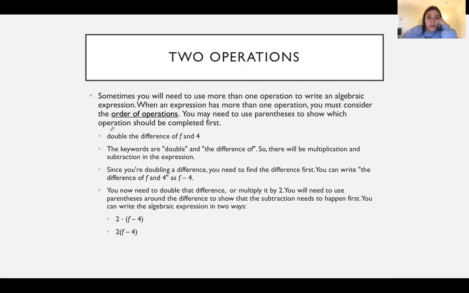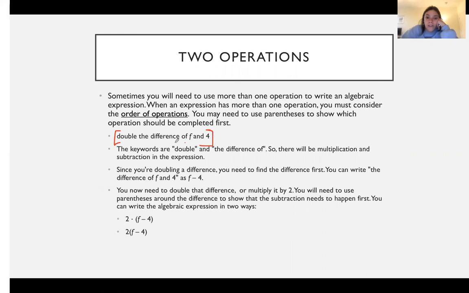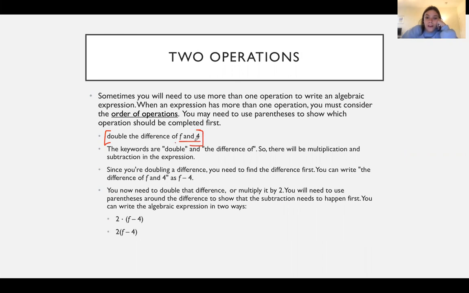So here's our example. It's asking us to double the difference of f and 4. The keywords are double and the difference of. So there will be multiplication and subtraction in the expression. Since you're doubling a difference, you need to find the difference first.